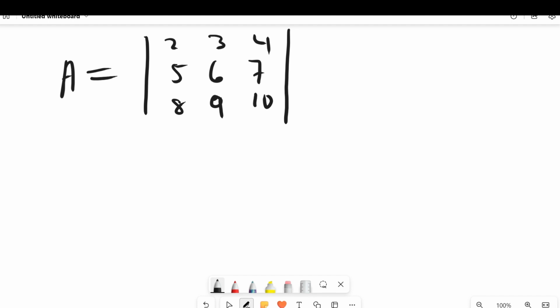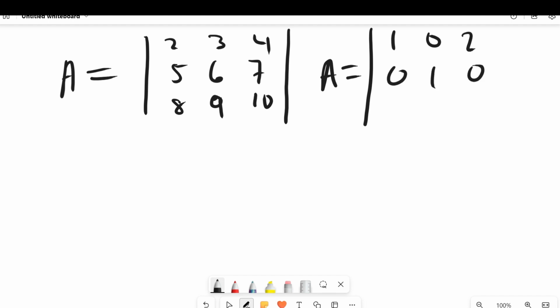So, adding two matrices, let's assume we have another matrix that is 1, 0, 2, 0, 1, 0, 2, 2, 2.